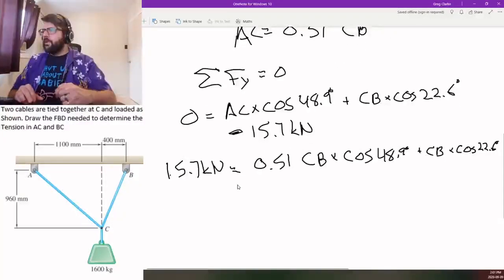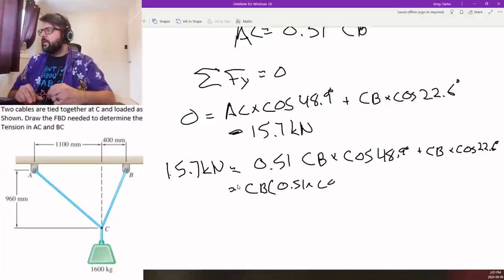And basically we can factor out our CB's there. CB times 0.51 times cos 48.9 plus cos 22.6 degrees.